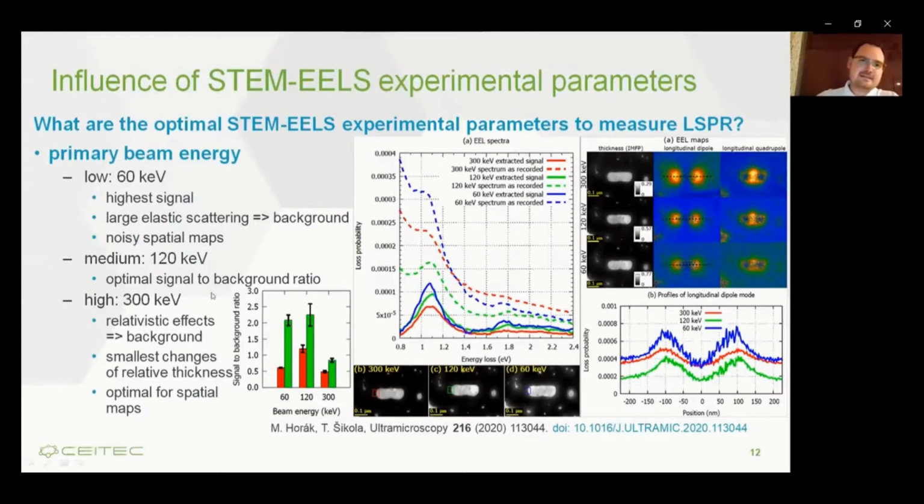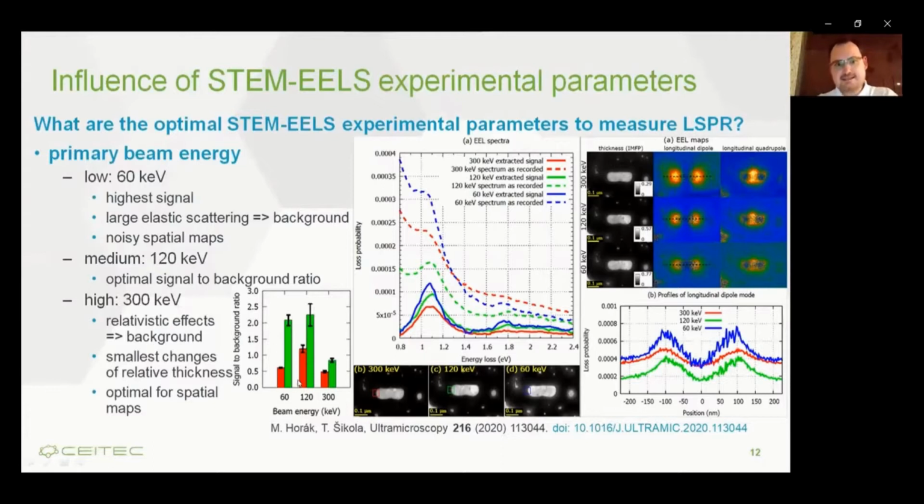The optimal signal to background ratio is reached when a medium primary beam energy is used. It means it's a compromise between elastic scattering and relativistic effects.